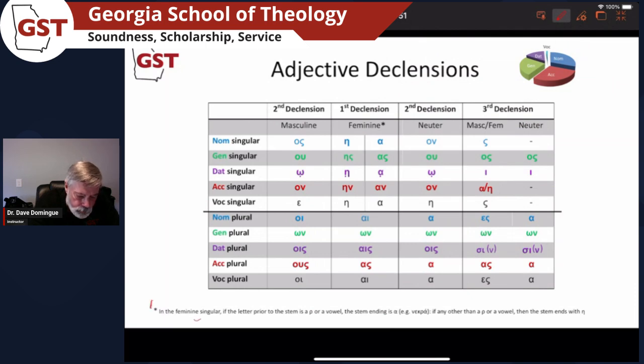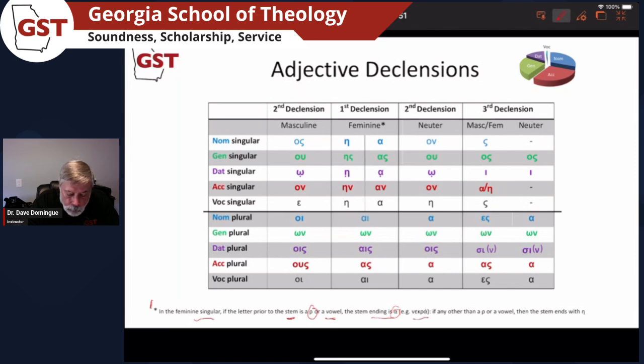If it's a feminine singular adjective, if the letter prior to the stem ending is a rho or a vowel, the stem ending is an alpha, for example, nekra, right?